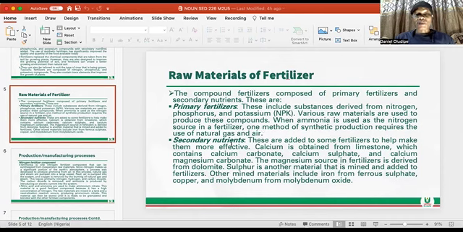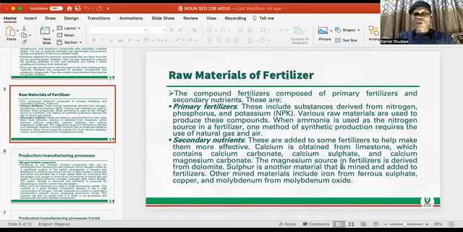Then the secondary nutrients. These are added to some fertilizers to help make them more effective. Calcium is obtained from limestone, which contains calcium carbonate, calcium sulfate, and calcium magnesium carbonate.